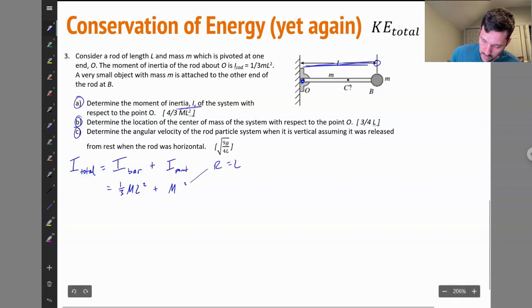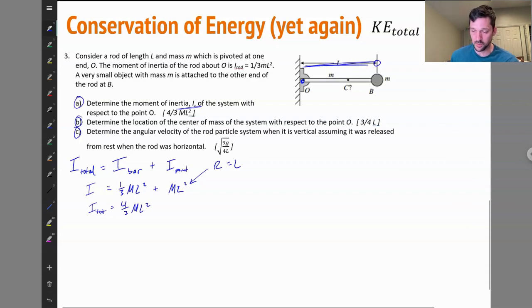So I'll just swap that in right off the bat. All right, so our total moment of inertia is 1/3 mL squared plus mL squared. Well, that's 4/3 mL squared. Just add the two individual moments of inertia, since those two things are attached to each other and they're both rotating about the same point.